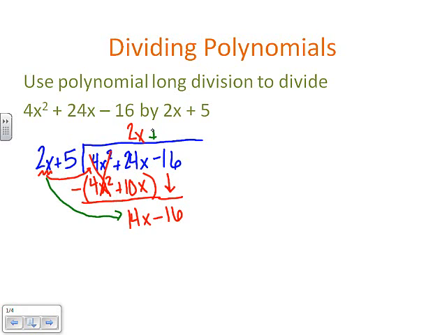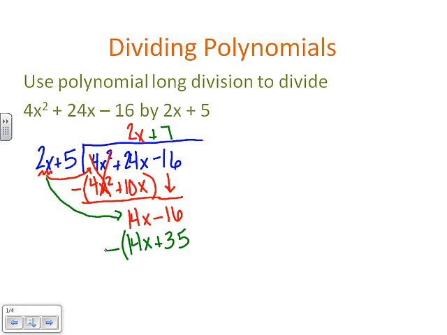And that would be a plus 7, because 2 goes into 14 7 times, and x goes into x once. So when we do 7 times 2x, it will make 14x. Then 7 times 5 will make plus 35.